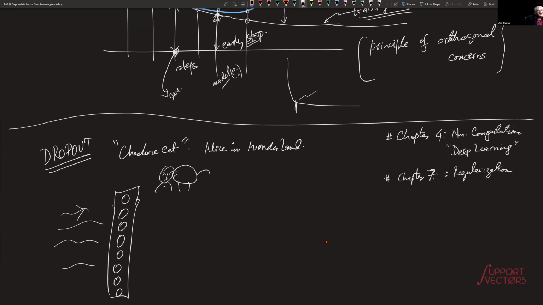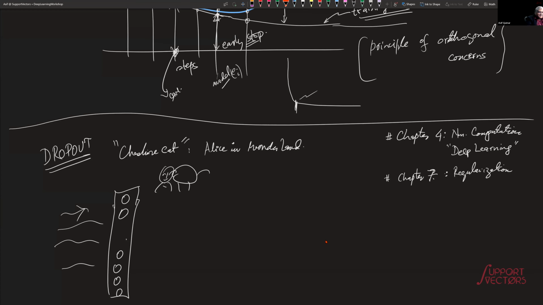What you do is, at every step of the process, you just nuke some of the nodes. First of all, you take these nodes out of the picture. It's almost like they disappear. Now, how many nodes do you see? You see only 6 nodes. So the data flows onto 6 nodes.